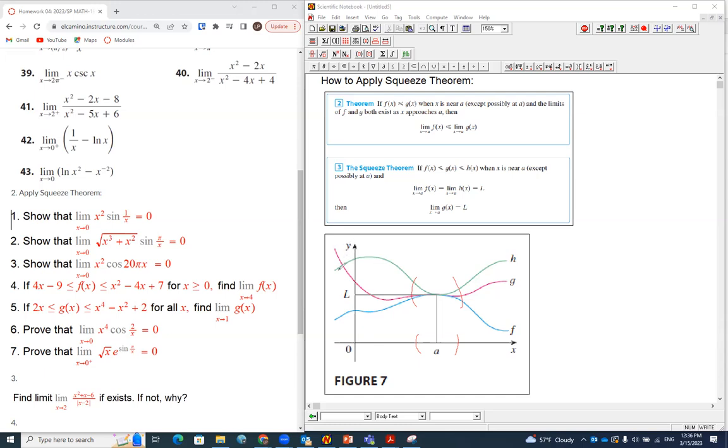And if you keep observing, you can see outside the neighborhood, G is actually above H. So this relationship is not true there, but it wouldn't matter. It only matters that this relationship is true in a small neighborhood of A. Okay, so this is the first condition.